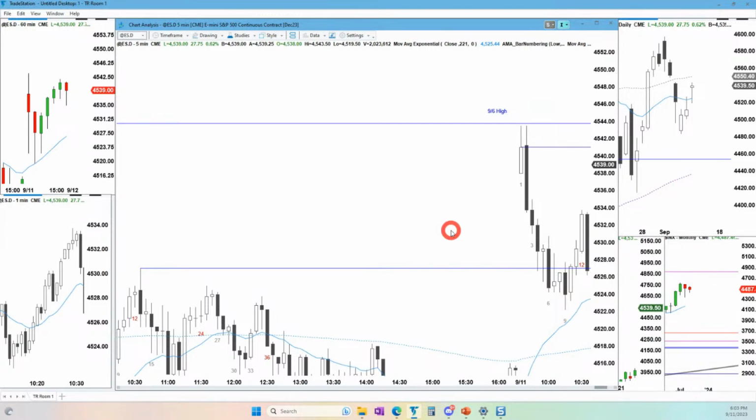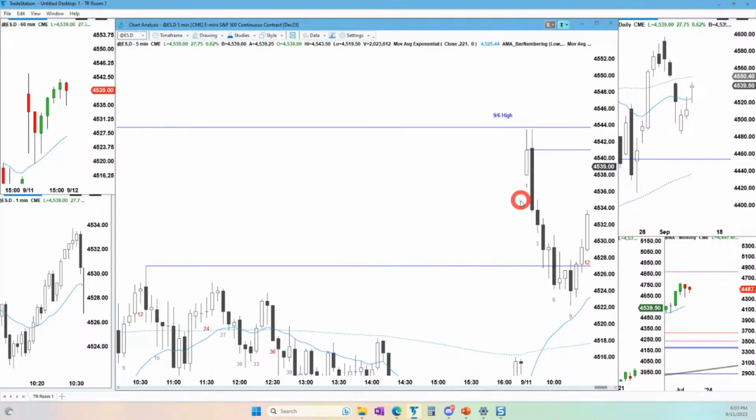But the only problem I have with buying 12 in the first place is it's really bad risk reward. If you're buying 12 and your stop's all the way down at 9, you're kind of buying in no man's land. It's right where you have bulls and bears competing against each other to see who's going to own the chart. Are we going to get all the way up to here?